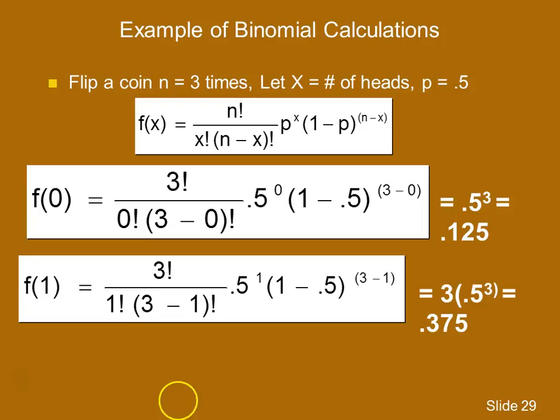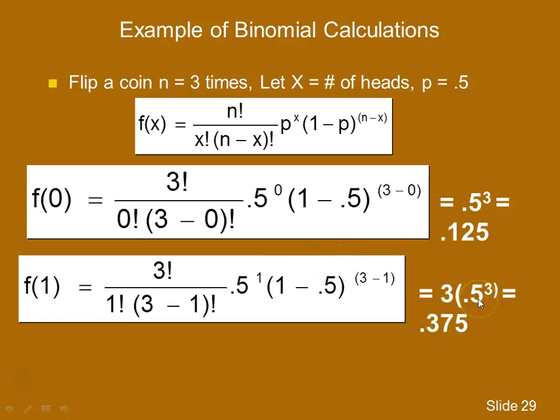But let's go ahead and work them out. F of 1, the probability of 1 head in 3 flips, would be 3 factorial over 1 factorial, 2 factorial. A half to the first, a half to the second. You might remember from algebra, half to the first, half to the second, you can add the exponents together.